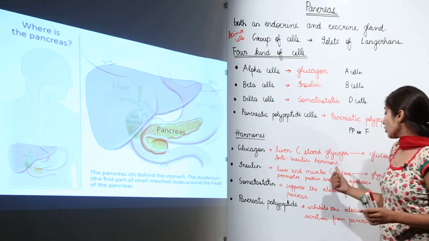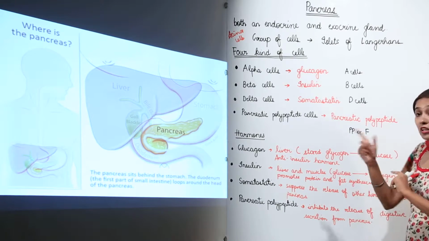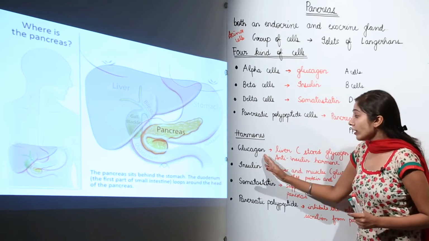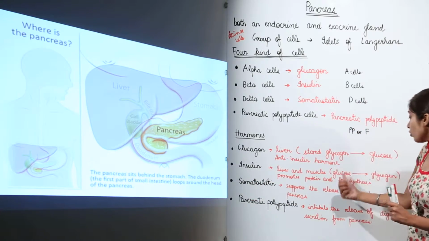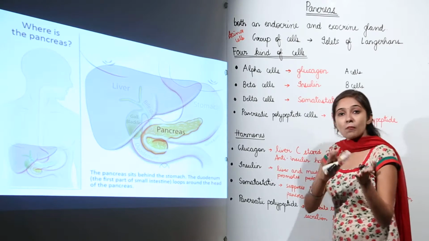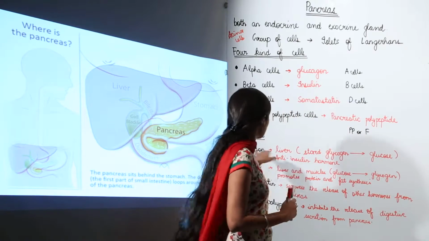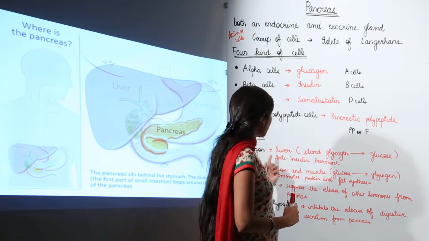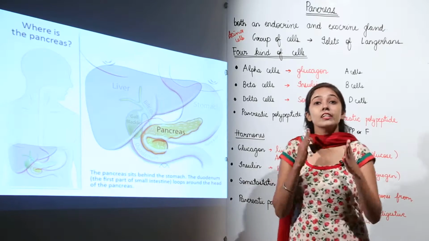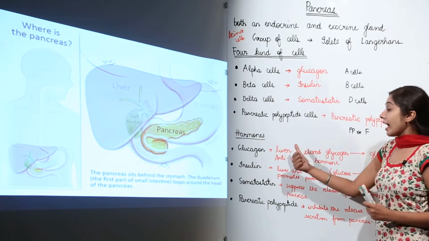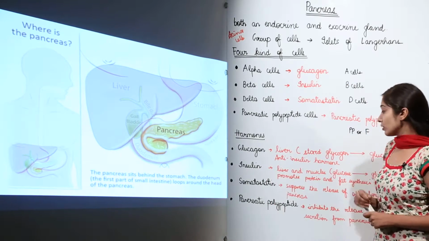So you can make out that glucagon converts glycogen into glucose, but insulin converts glucose into glycogen. They have opposite effects. So we can say that glucagon is an anti-insulin hormone, because it has an action opposite to that of insulin.